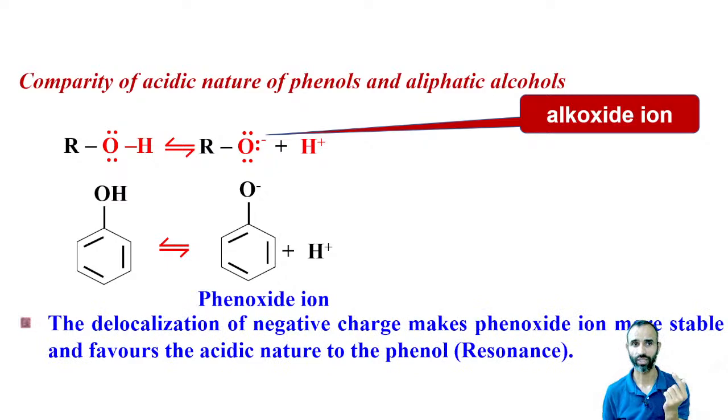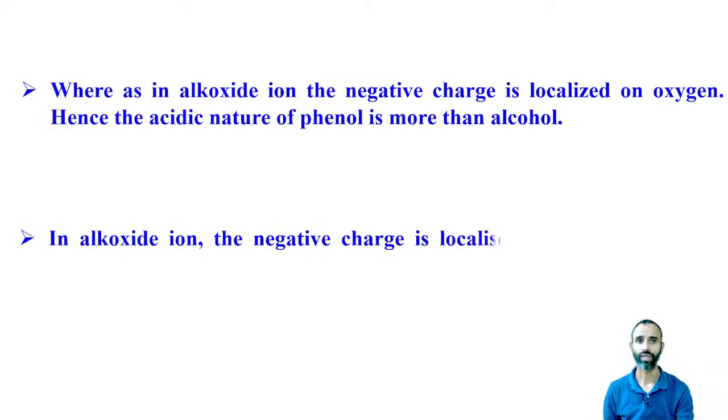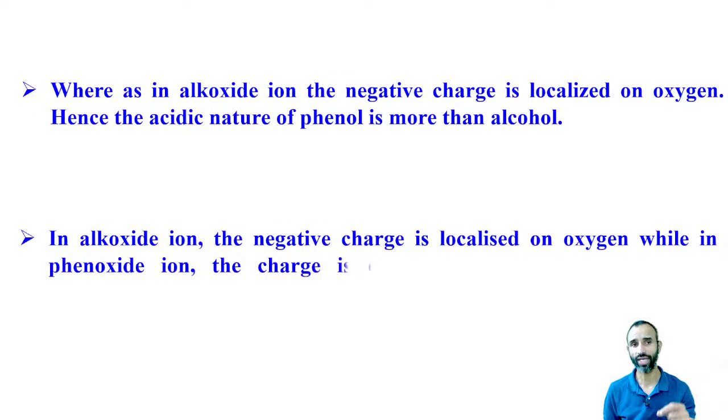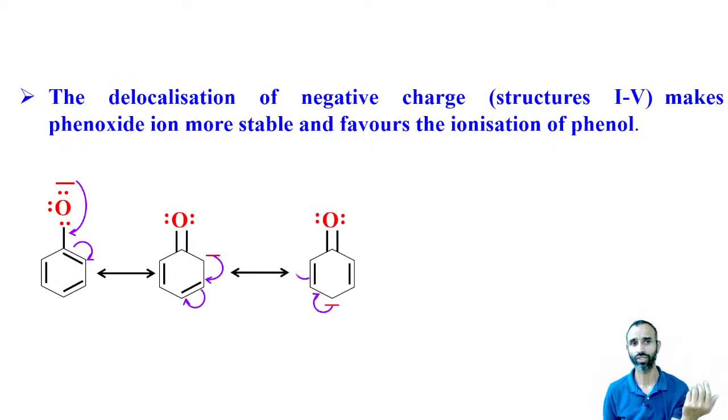So you see, delocalization of negative charge makes phenoxide more stable, and that favors the acidic nature of phenol. But in alkoxide, negative charge is localized on oxygen, whereas in phenoxide the charge is delocalized. There is complete delocalization.